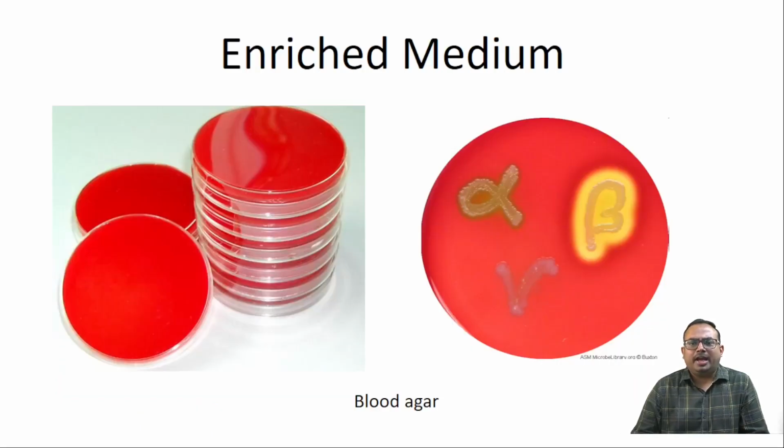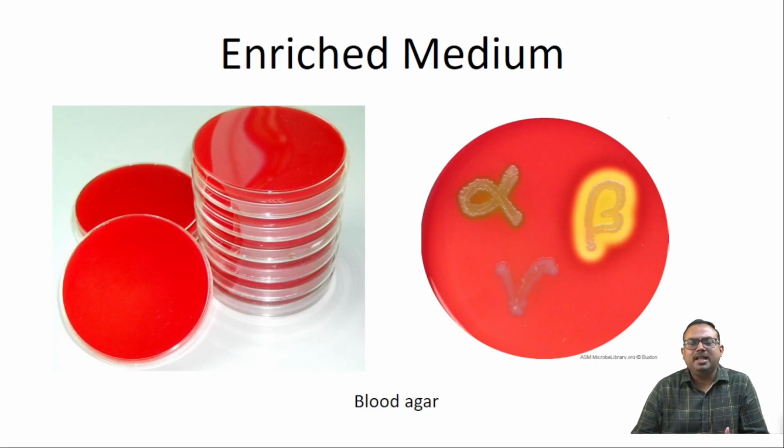Then enriched media. Enriched media is made by adding certain components to the basal media. The basal media acts as a base for enriched media, to which components like blood, serum or egg can be added to make it enriched media.